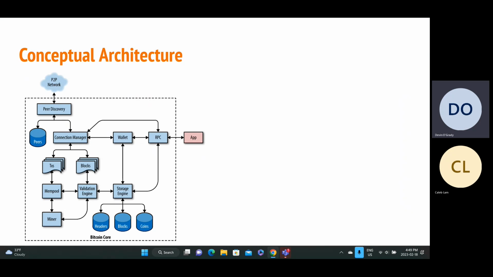The conceptual architecture has a few different parts. First, there are the components that connect to the network, peer discovery and connection manager, which go through all the IPs and make sure every peer is connected to each other, and can ban unwanted peers to keep the whole network under control.